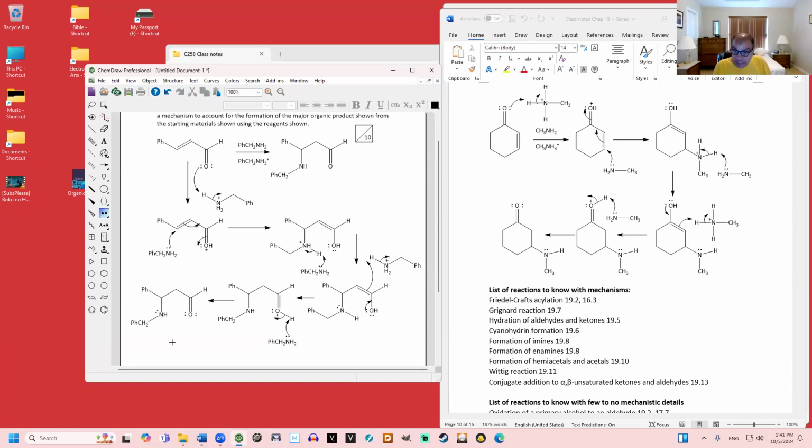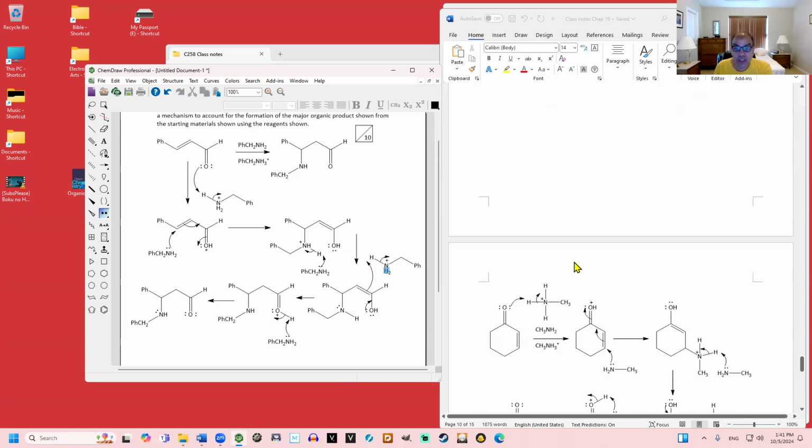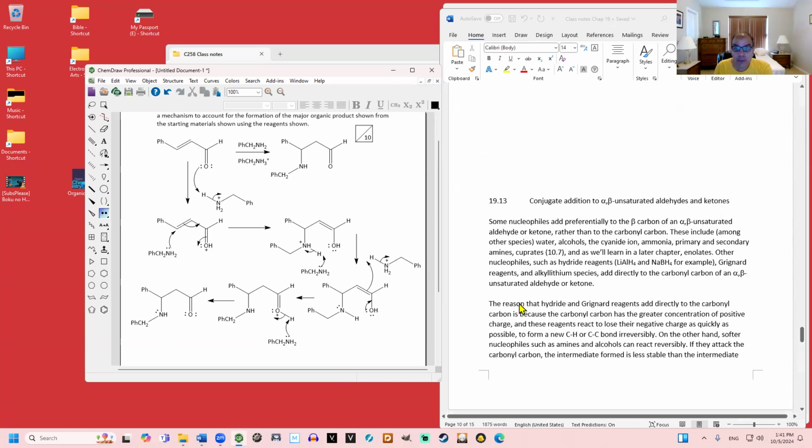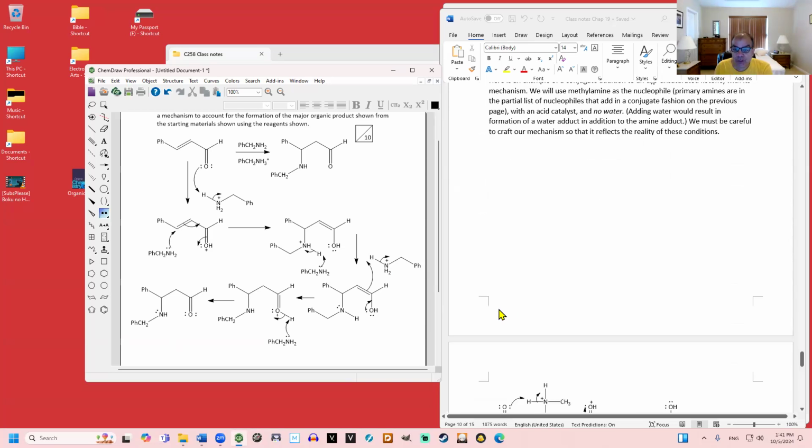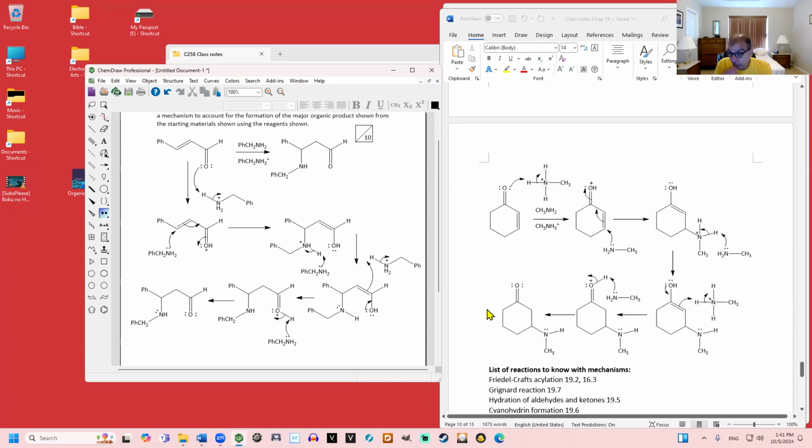So that's a conjugate addition. We covered that in section 19.13. And we gave an example of that type of reaction in the class notes. This is essentially the same thing. All we've done is changed the electrophile from cyclohexenone to this alpha-beta unsaturated aldehyde.